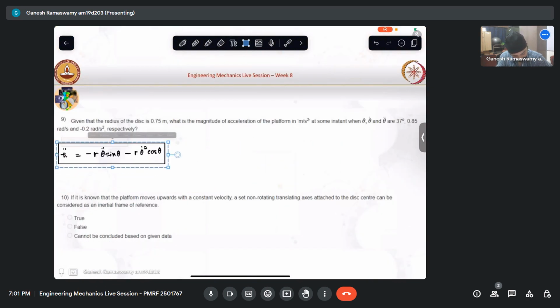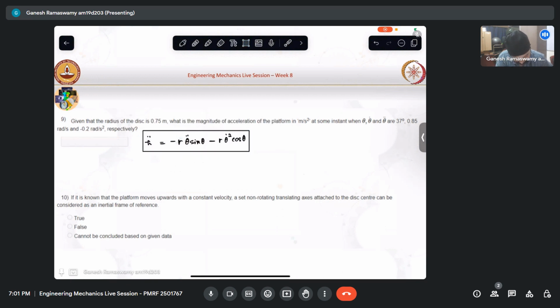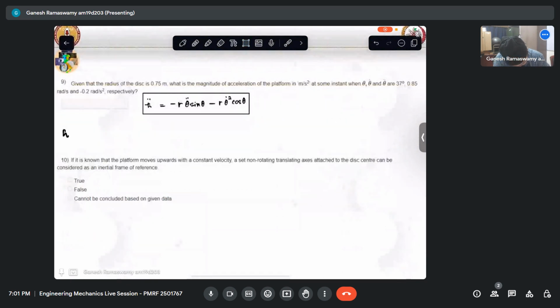So h double dot is nothing but minus r, theta double dot is given to be minus 0.2, sin 45, minus r into 0.85 squared cos 45.